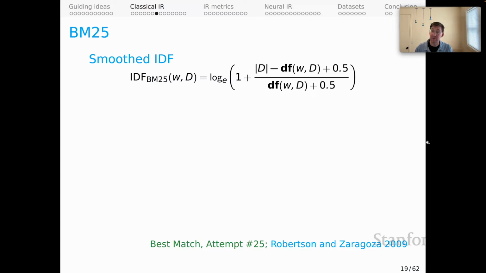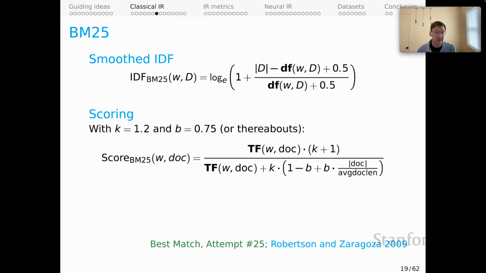We begin from smoothed IDF values. These are essentially the IDF values that I just showed you, with a little bit of an adjustment to handle the undefinedness case that we briefly worried about. The next component is scoring, and this is kind of analogous to term frequency, and you can see in this definition that term frequency is an important component. We also have two hyperparameters, k and b, which I'm going to talk about in a second.